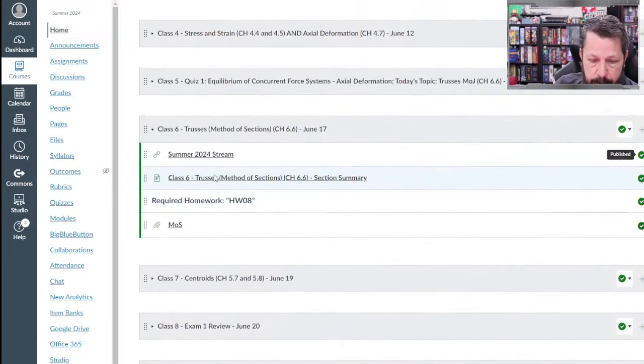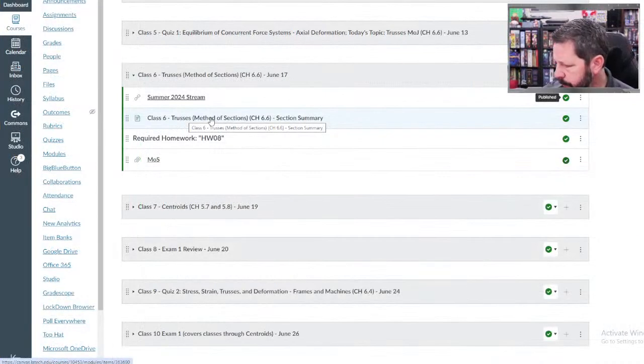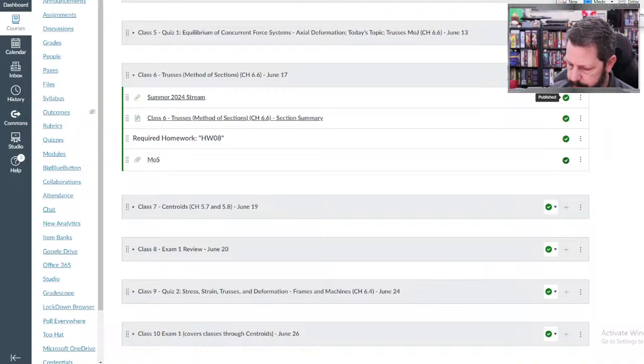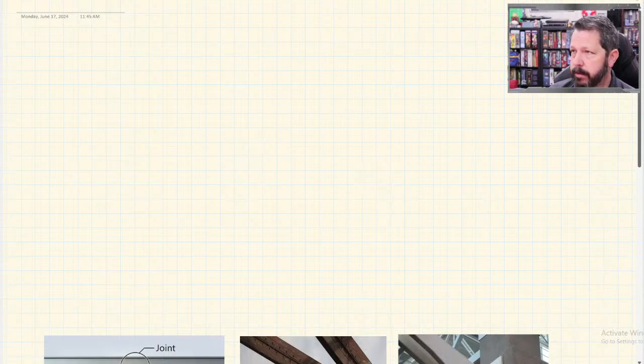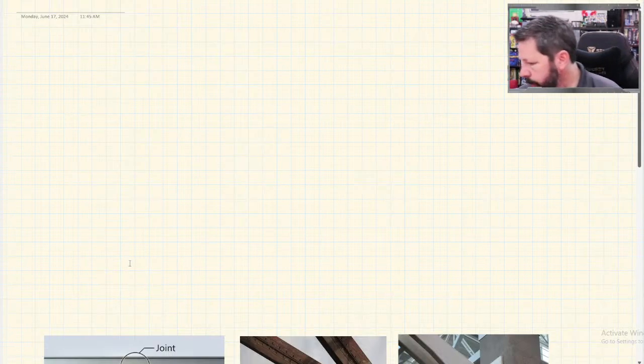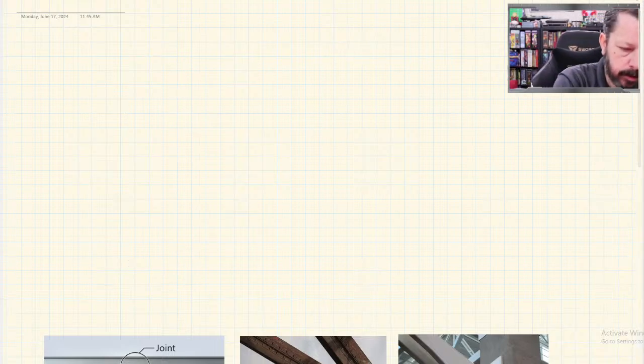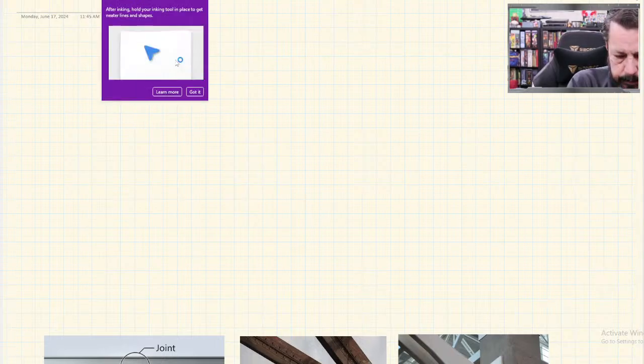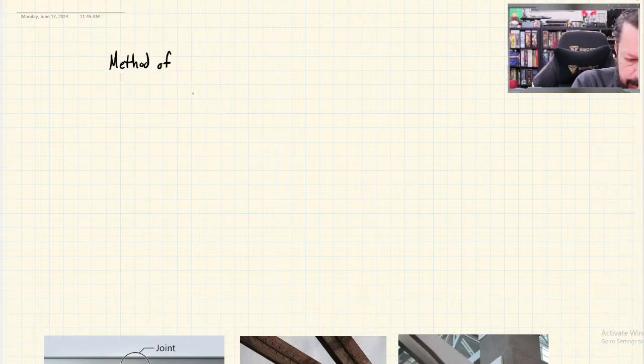All right, so back to trusses and method of sections today. We'll probably do some method of joints also, just to refresh that, but the real topic is method of sections. So we are talking about the method of sections.